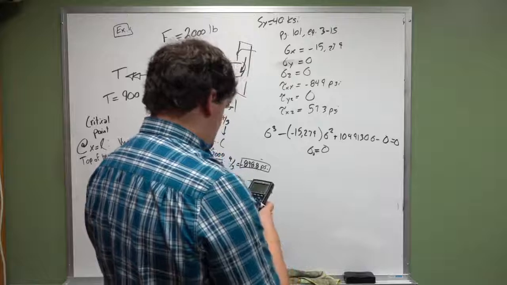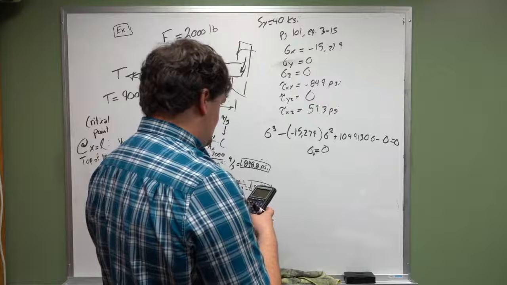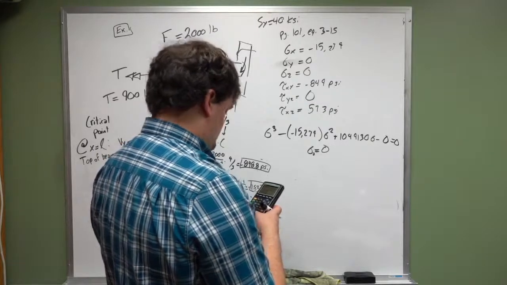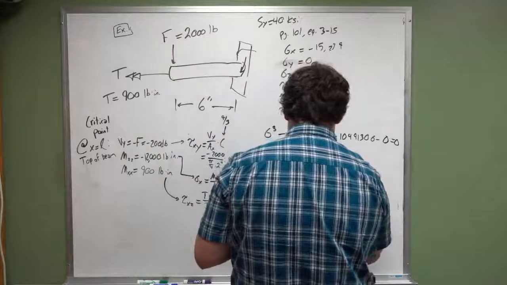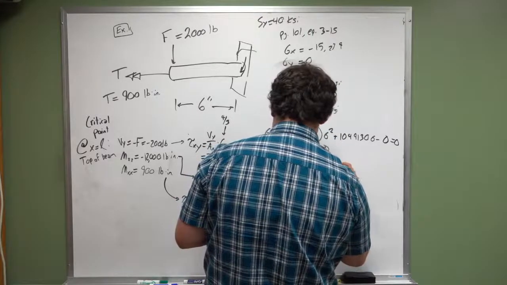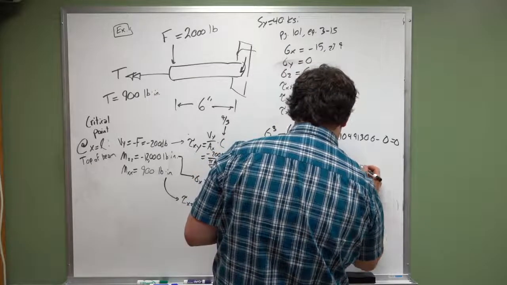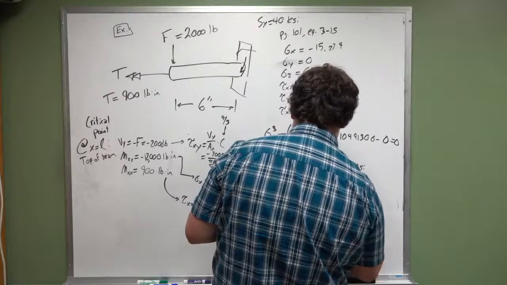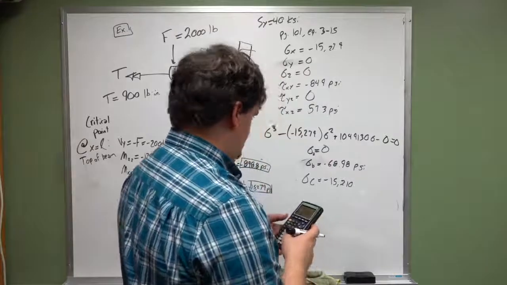The 1, that's a 15,279, and that's a 104,930, and that's an A. Sigma B is equal to negative 68.98 psi, and sigma C is equal to negative 15,210, which seems to me like I might have done that wrong.